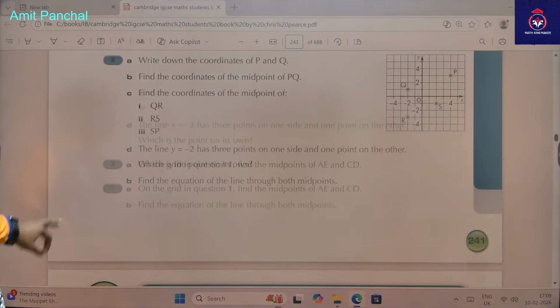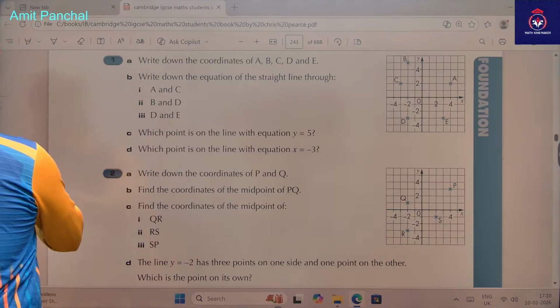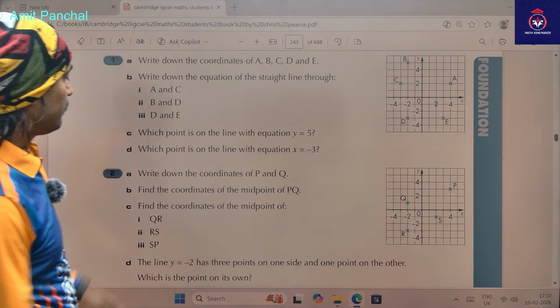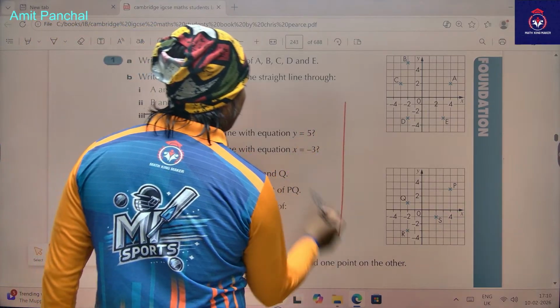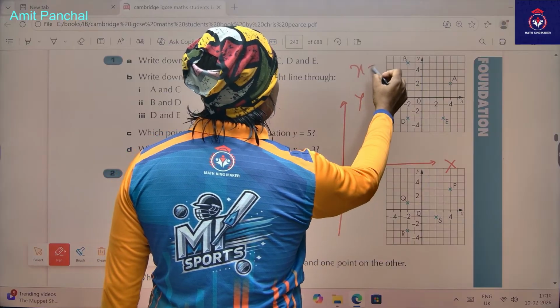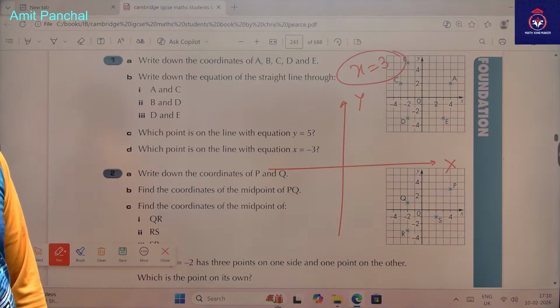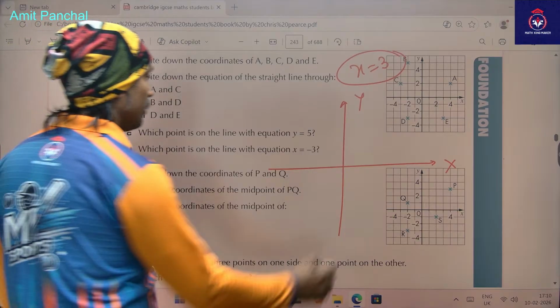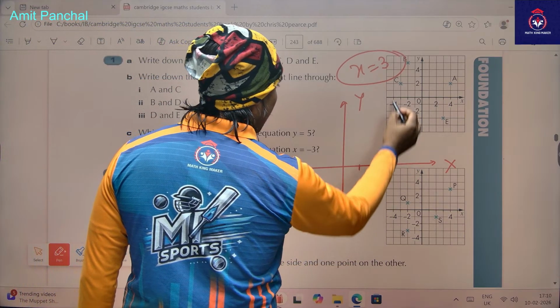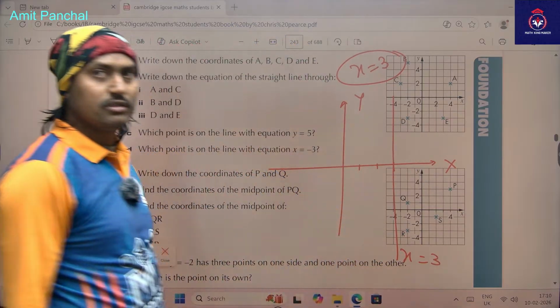And if you want to draw a line which is parallel to the axis, okay, let us say it is your axis x and y. So if you want to draw x equal to 3 line, where it should be? Yes, it should be over there where x equals 3. It should be parallel to y axis. So that line is x equal to 3.